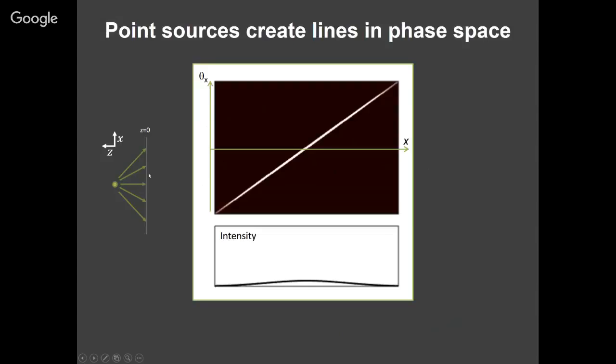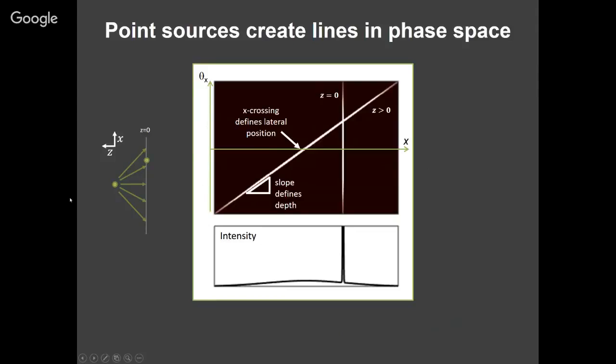But as you go up along x, the angles are getting larger and larger, so it's actually this tilted line in the phase space, right? So a single point source off focus is a tilted line, and this is really beautiful because the x crossing tells you where it's at theta equals 0, so the x crossing tells you its lateral position, and the slope tells you its depth. So this is a depth that's on the greater than 0 side of focus.